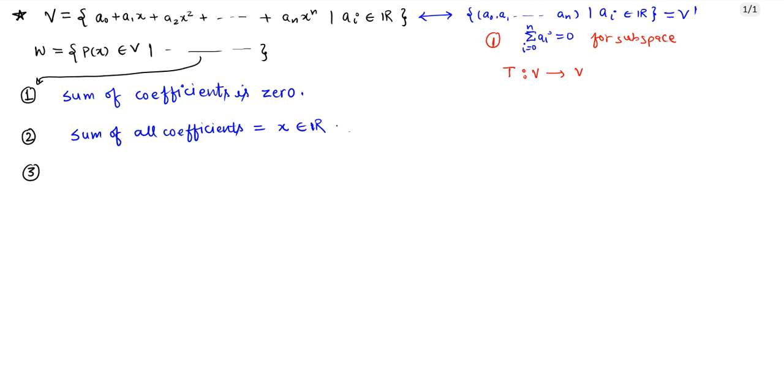So we define T from V to V prime if T of some polynomial Px, which is like a naught plus a1 x and so on up to a n x to power n, maps a naught, a1 and so on to a n. This is one-to-one mapping or not?